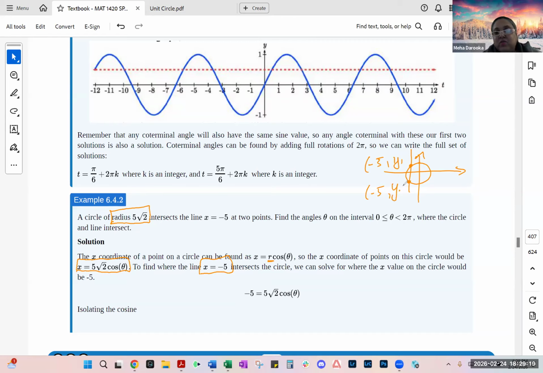And then your y value will be wherever they are intersecting. So you can then use x equals -5 in this equation and replace this x with -5. So now you can see we have -5 from the x value, 5 square root of 2 from the radius, and now we can solve that to find our cosine of theta.